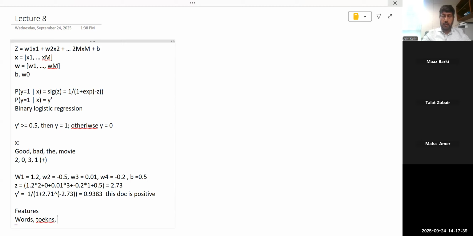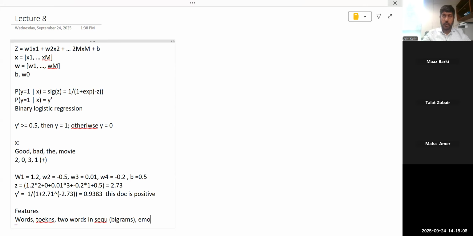It could even be two words in sequence, which is basically called bigrams, which we'll see in more detail later on. It could also include additional features. Simply ज़रूरी नहीं कि words के base पे features आप ले लें. Maybe you can include features that are not really based on linguistics. They could be based on other things as well.